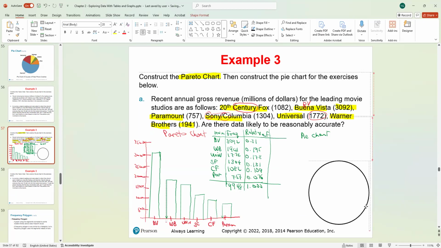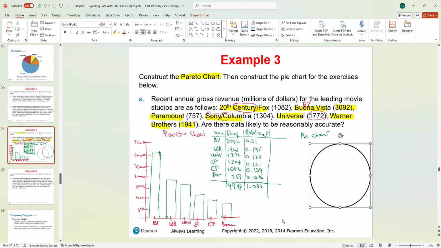But how do we find each portion in degrees? To find each portion in degrees, take the relative frequency and multiply it by 360. For example, for the first one, 0.31 times 360. That's what gives us the degrees.